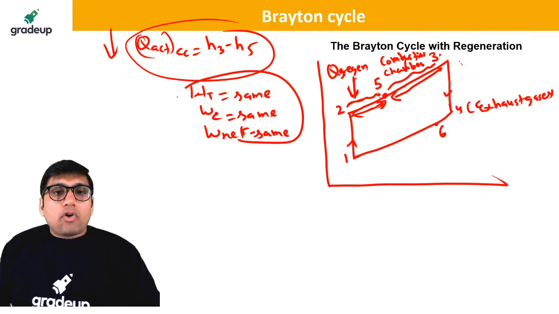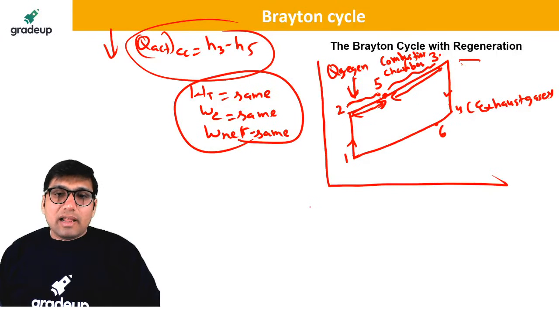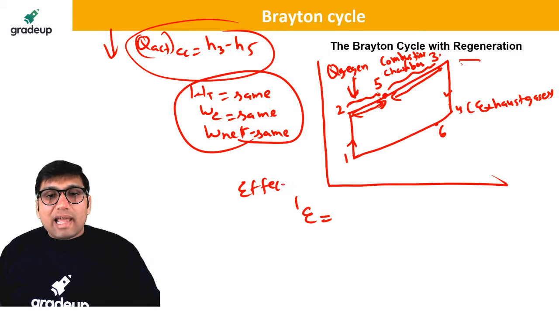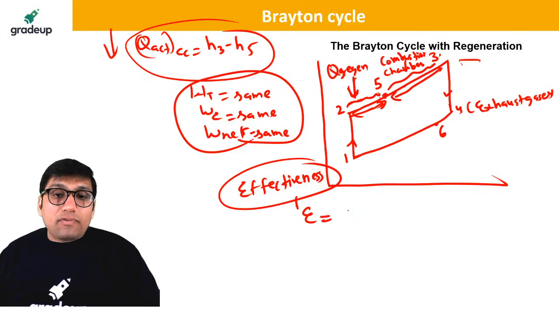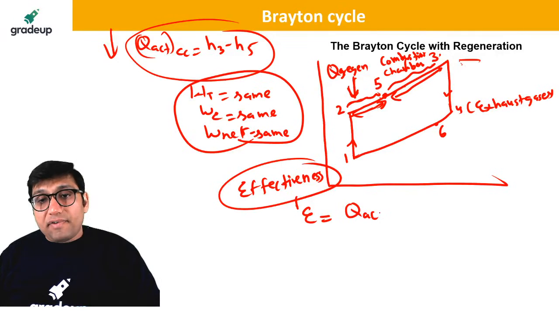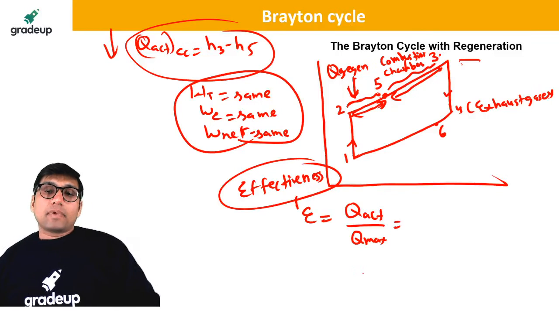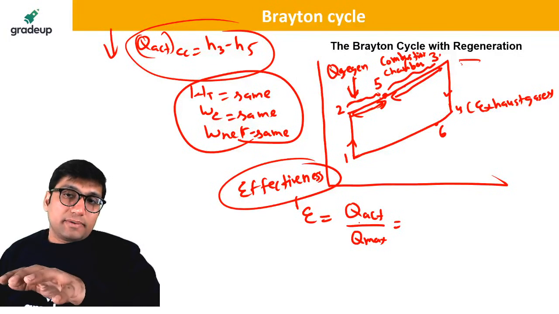There is one more important formula in the case of regeneration, that is the effectiveness of the regenerator. As you know, the regenerator in the case of a Brayton cycle is a counterflow heat exchanger, and for the counterflow heat exchanger the effectiveness is equal to actual heat divided by maximum heat. So what is the amount of actual heat? Tell me.